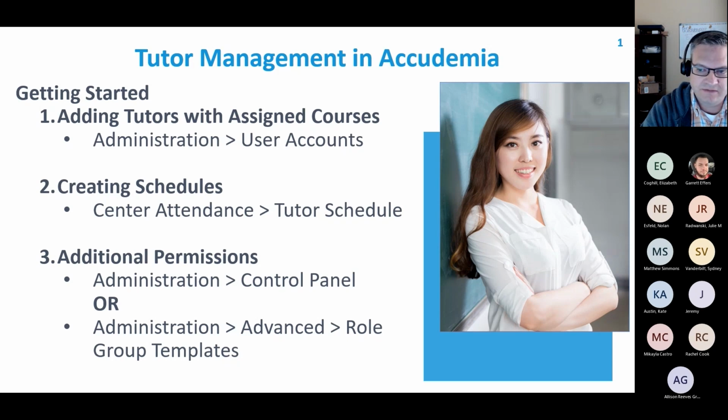So we would want to search for them and add them as a tutor, give them that additional role, and then also assign them courses that they can help with. If you have a CSV file or even an Excel file with that information, who your tutors are, what their ID numbers are, this can be imported as well. But if you're going to be doing this manually, that's going to be located in the administration user account section.